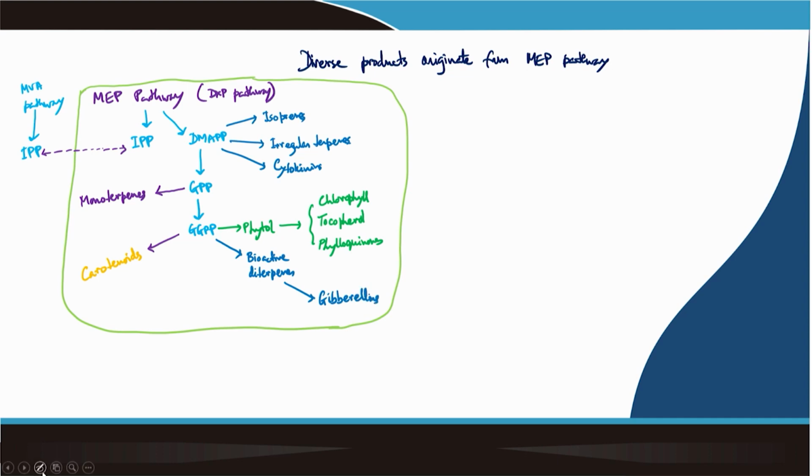From GGPP, through another route, it produces plastoquinone. So, this is in brief the diverse products that originate from the MEP pathway.